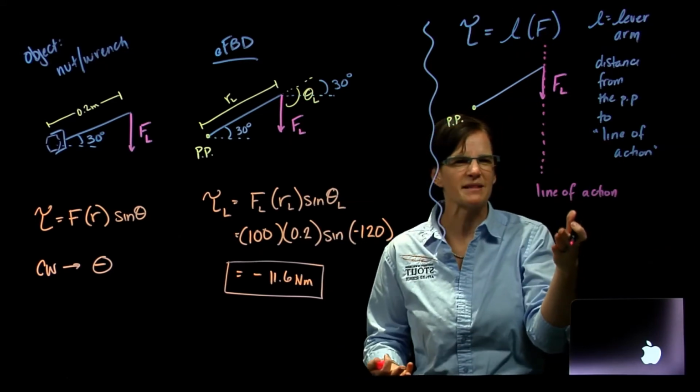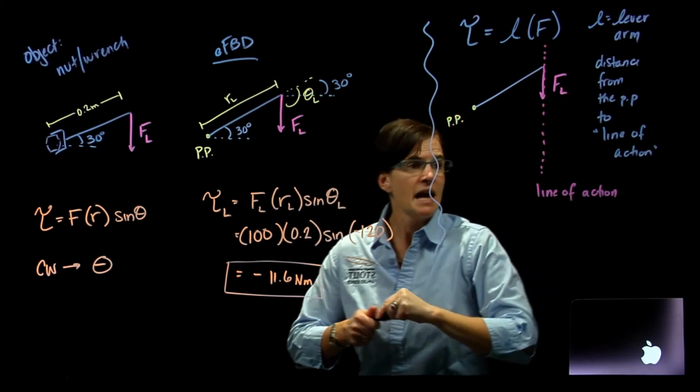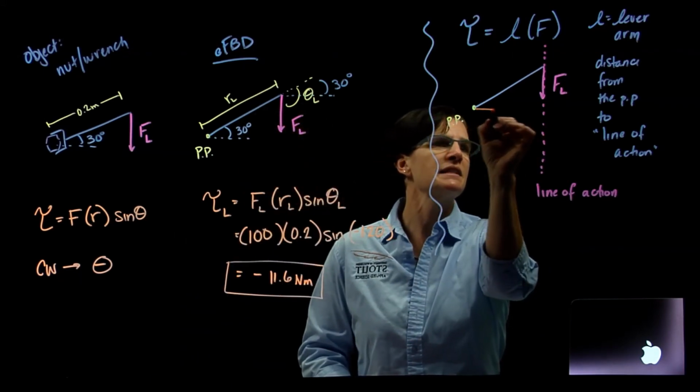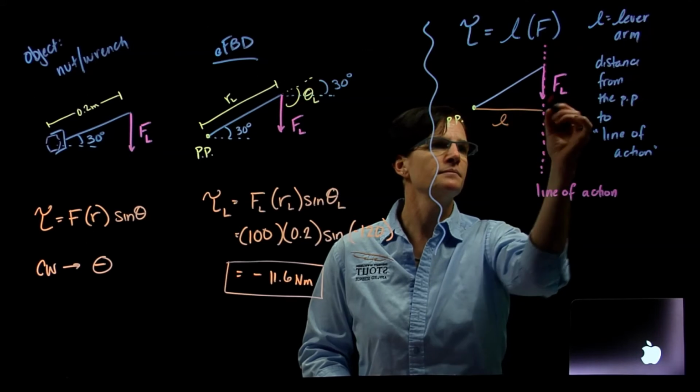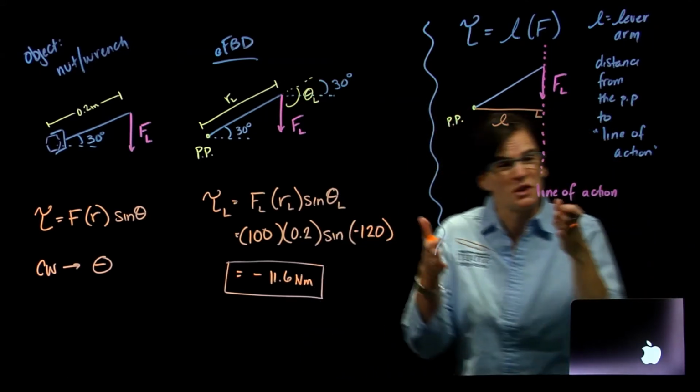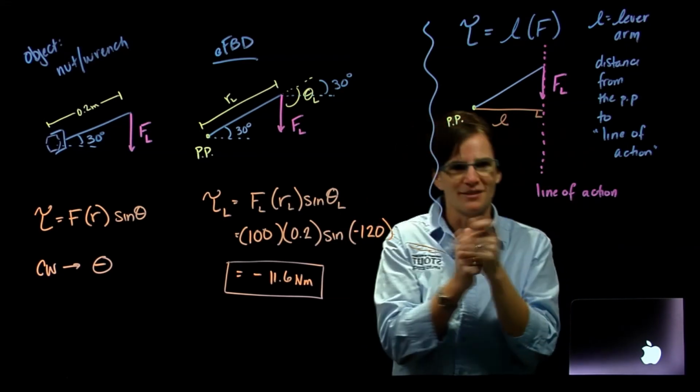Okay, that sort of makes some sense, the line of action. And so our lever arm becomes this distance. It's going to make a perpendicular intersection with that line of action, so the shortest distance between the pivot point and the line of action.